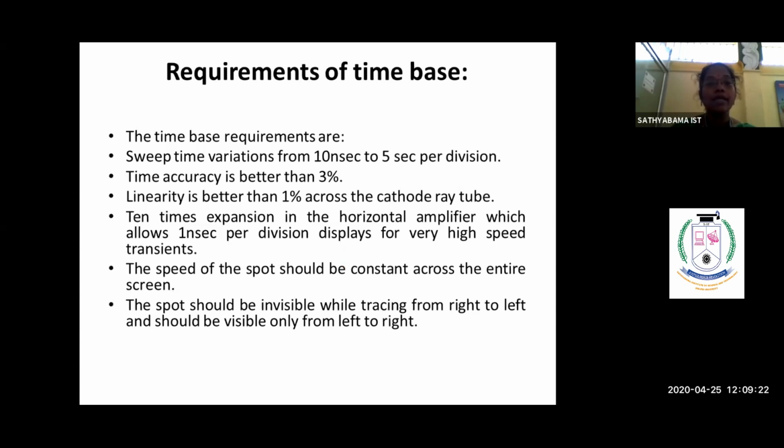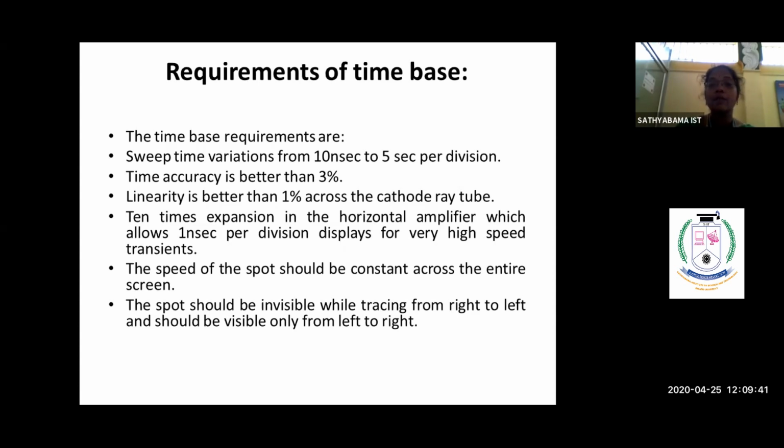The main requirement of a time-based signal is the sweep time. Sweep time is the linear rise time. The sweep time varies from 10 nanosecond to 5 nanosecond per division. The time accuracy is always greater than 3%, and the linearity is always greater than 1% across the CRT.